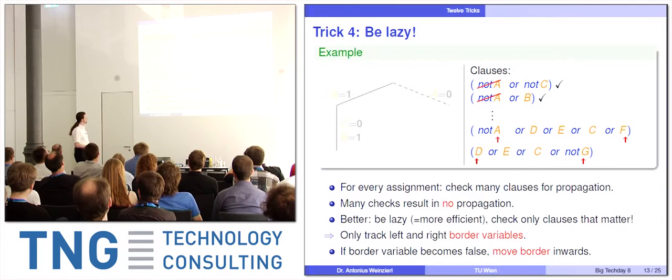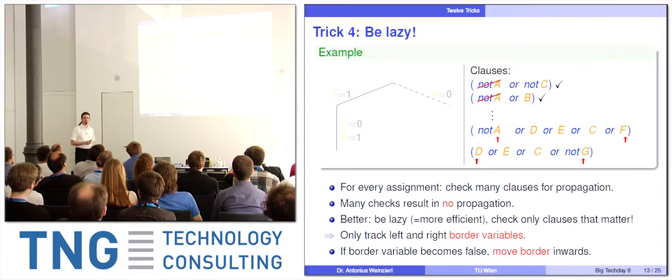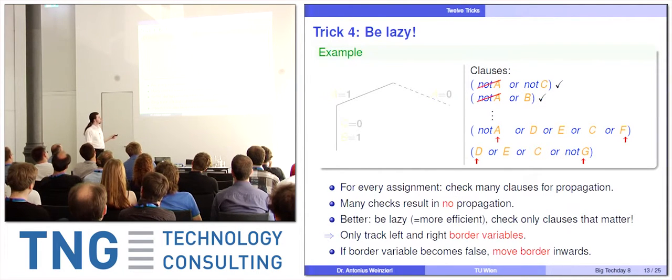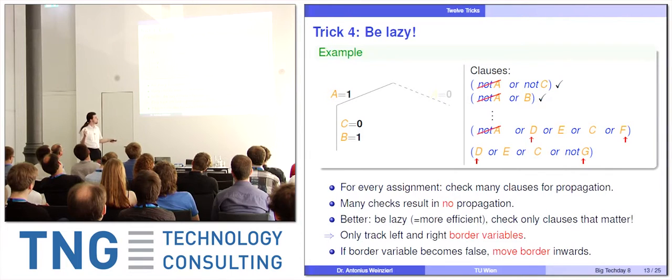And we can actually be more lazy by not checking every clause where the variable occurs, but only for each clause having 2 pointers. So we don't store anymore, hey, we have a clause, there is a not A, a D, an E, a C, and an F, but we only store, hey, we have a clause, and on the left-hand side, the leftmost variable is a not A, and the rightmost variable is an F. Because now if we assign to A the value true, what we just do is we look at all the pointers.